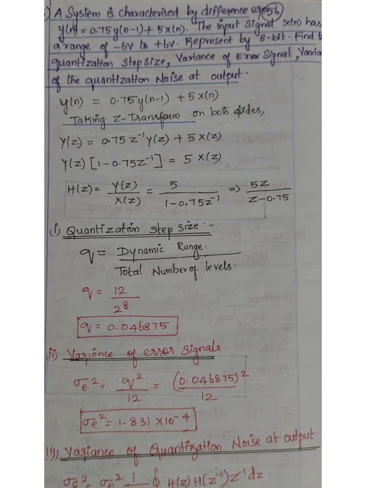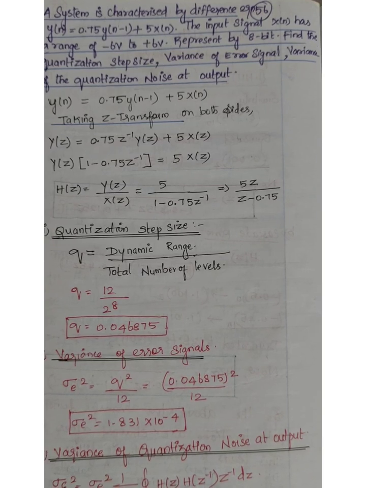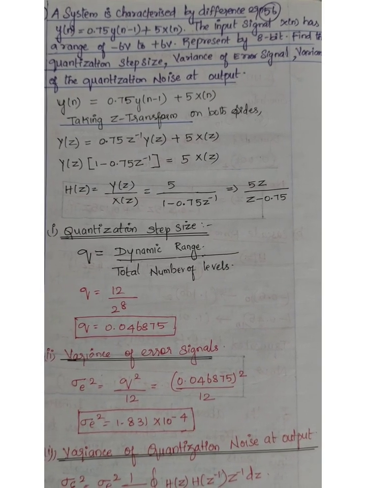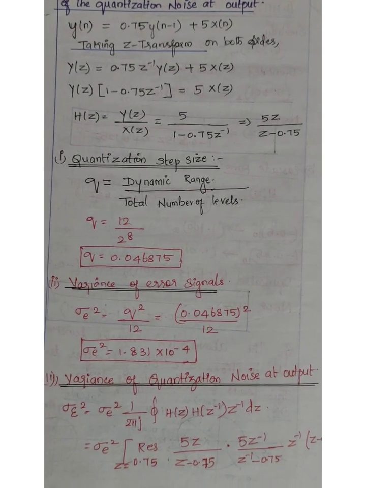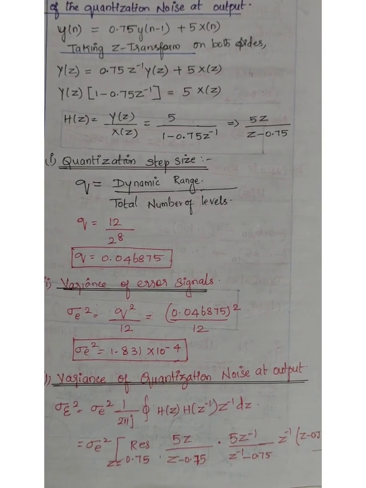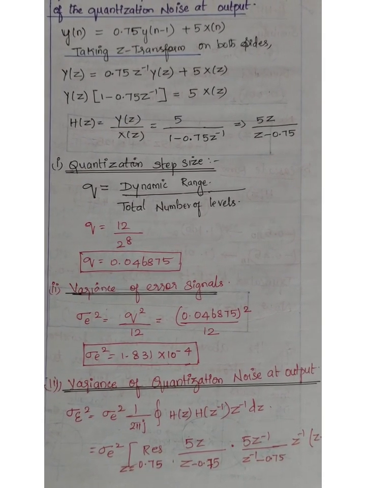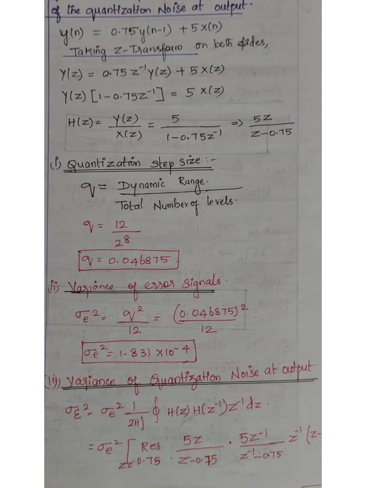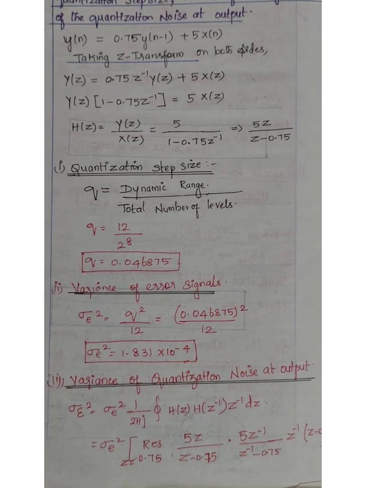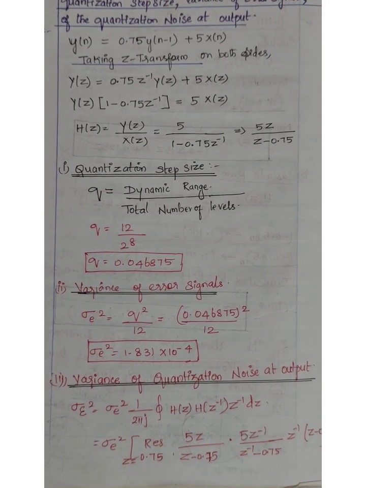Come to part 3: the variance of the error signal, that is, the quantization noise at the output. The variance of the quantization noise at the output, sigma epsilon squared, is sigma_e squared times 1/(2 pi j) closed integral of H(z) H(z^-1) z^-1 dz, in terms of integration. But we are not going for the closed integration formula.